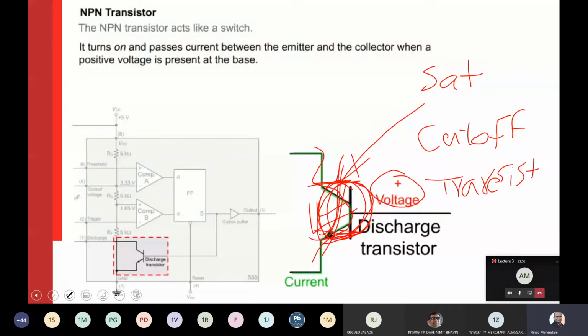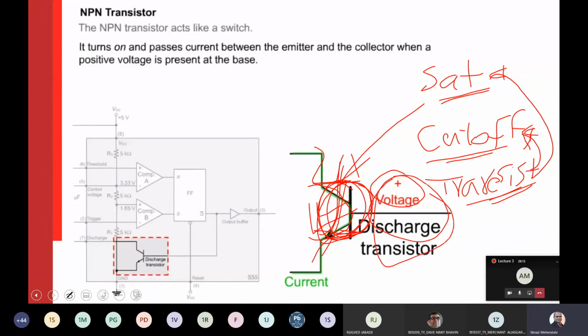So basically it can offer an open circuit, which is the cutoff region, and it can offer a closed circuit or 0 ohms when in the saturation region. So a transistor can change its resistance based on the type of input you apply to the transistor, and that's why the name is also transistor.